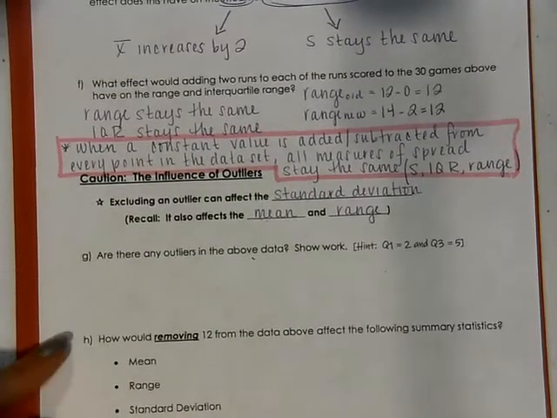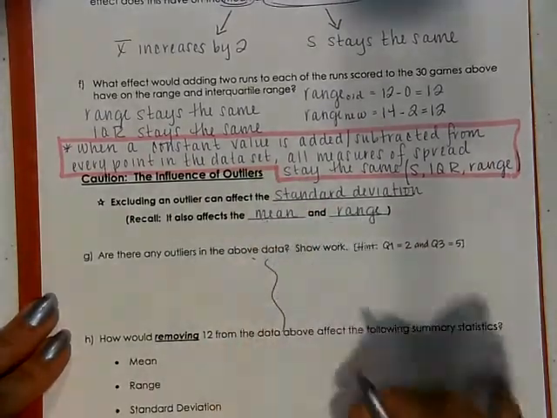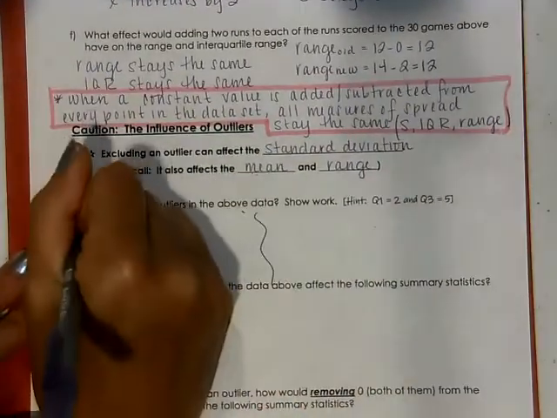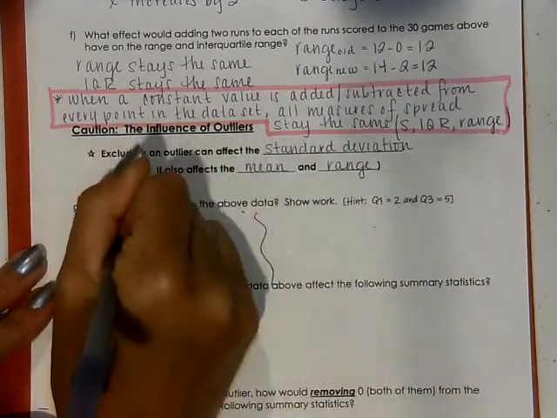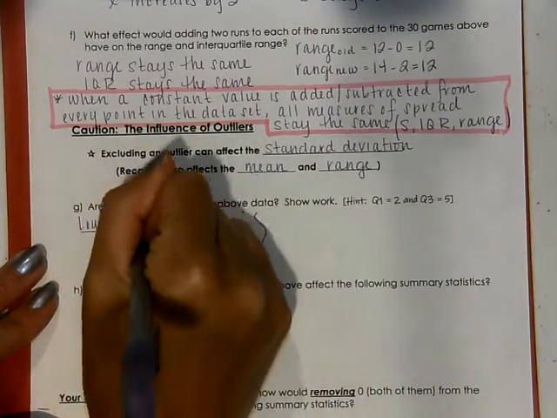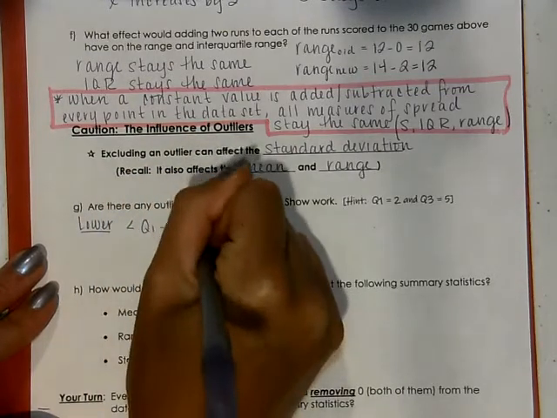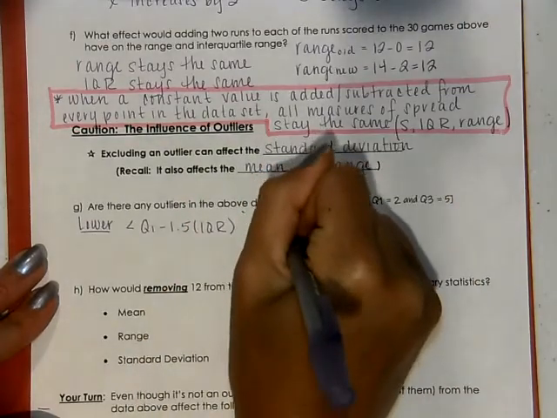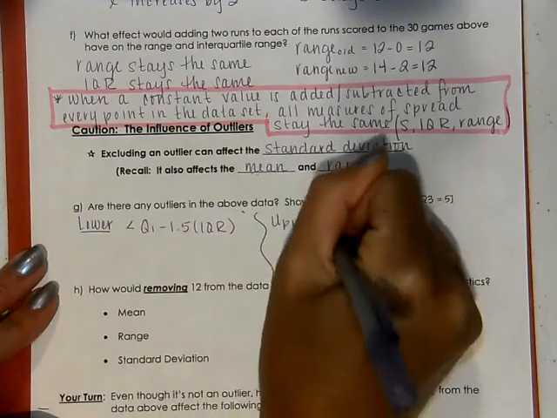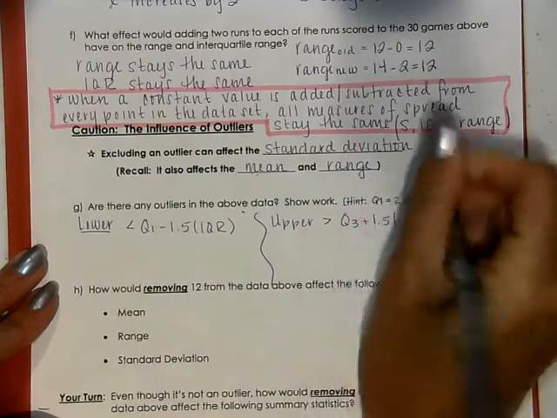Hint, Q1 is 2 and Q3 is 5. Well, let's check. Remember, you're checking both directions, your lower and your upper. Just a friendly reminder, outliers in the lower direction are less than Q1 minus 1.5 times the IQR. And outliers in the upper direction are greater than Q3 plus 1.5 times IQR.